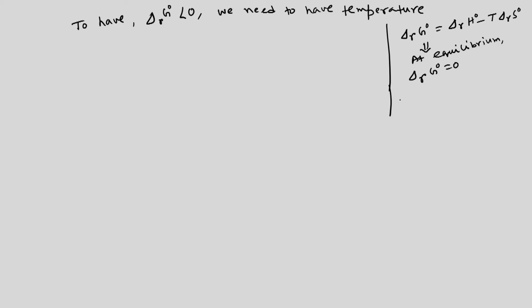So this gives T is delta H naught by delta S naught.